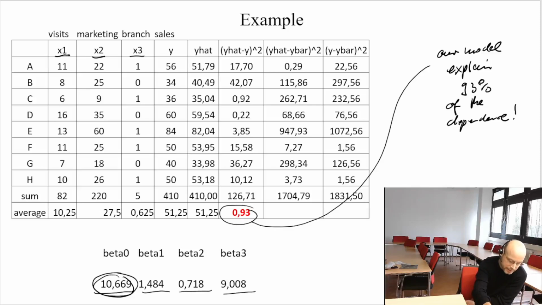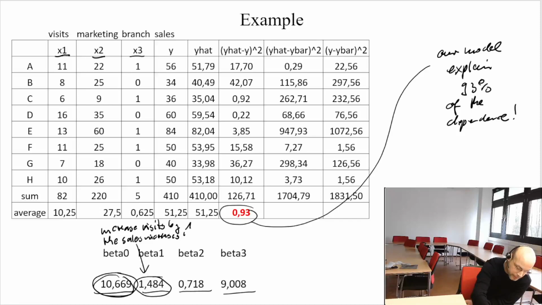But in this case here, you can think that if we increase visits by 1, then sales increases by 1.4.